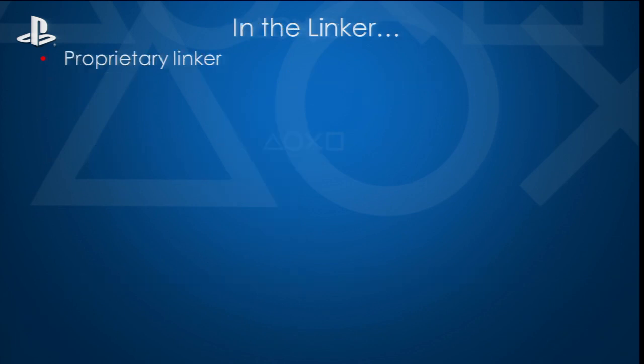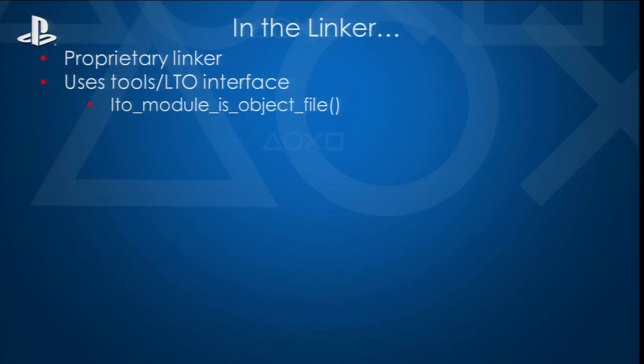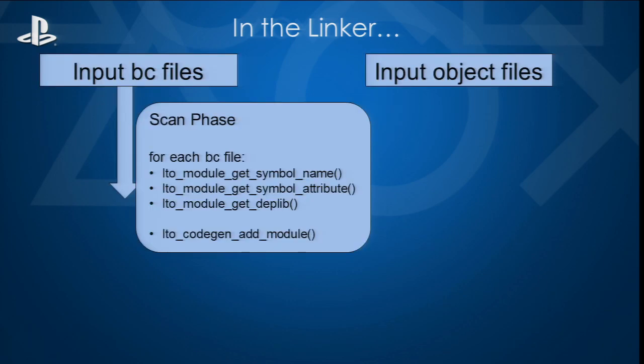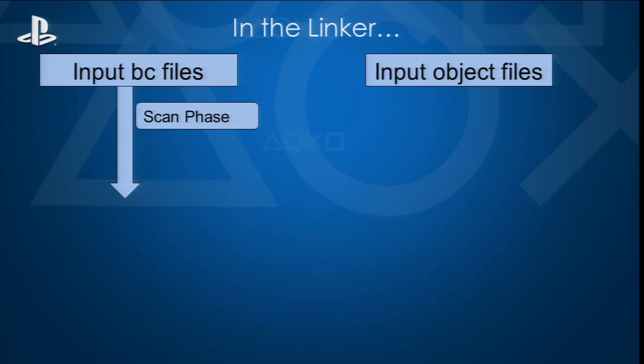Now back to our linker. The linker separates the input files into native objects and bitcode files. Each bitcode file is scanned for symbol references and dependent libraries. They are added for compilation by calling LTO codegen add module. The native objects are also scanned for symbol references. After the scanning phase, the linker has enough information to resolve all the symbols, so it does that.